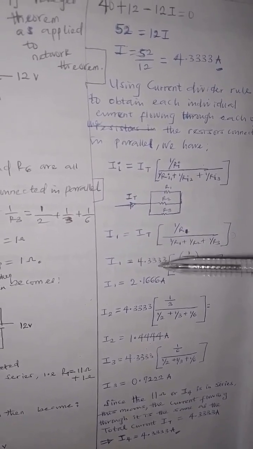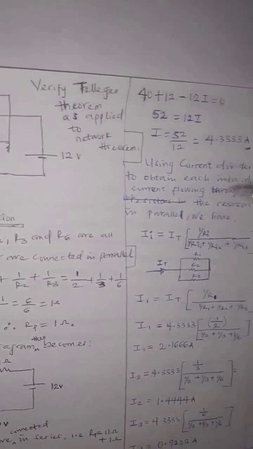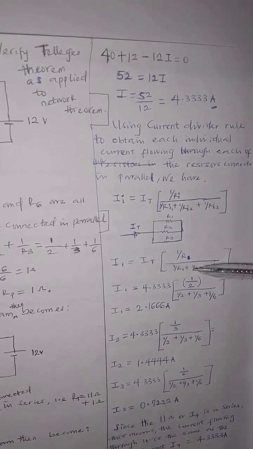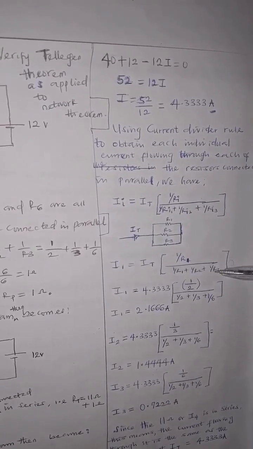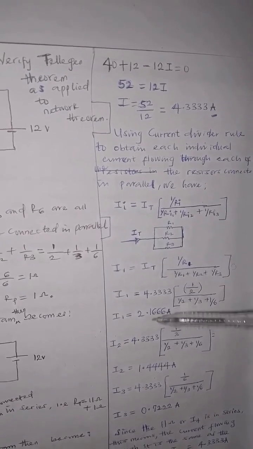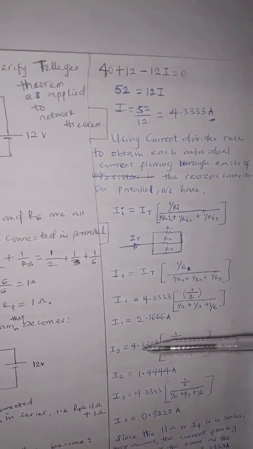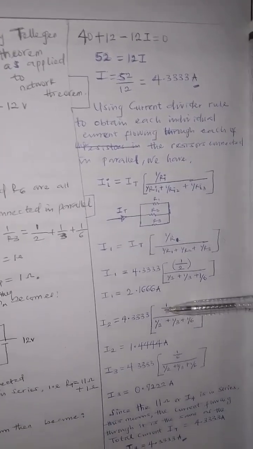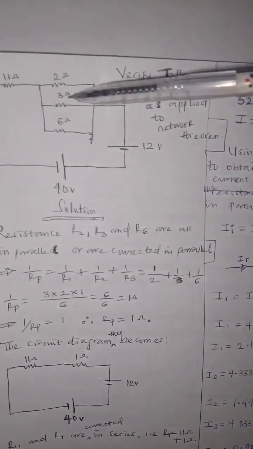IT is 4.33 as we got here, so that is 4.33 times 1 over R2 all over this. Then calculating this, we have this answer. Same thing for I2 will be 4.33, the total, times 1 over R3, that is for that resistor R3 here.